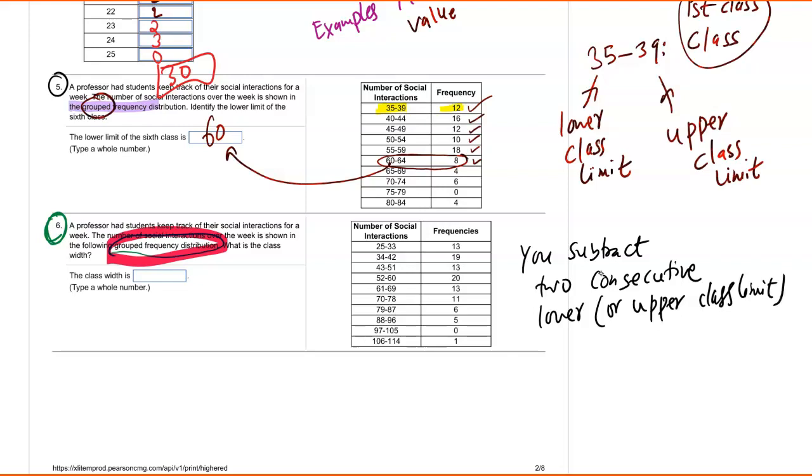In other words, consecutive means next to each other. 25, 34, you subtract. Either you do 34 minus 25, which is going to be 9, or you can do 42 minus 33. Remember that upper class limit. 42 and 33, they are the consecutive upper class limits, which gives 9. Therefore, doesn't matter how we do it, the class width is 9.